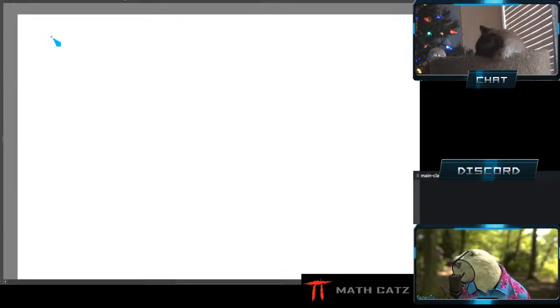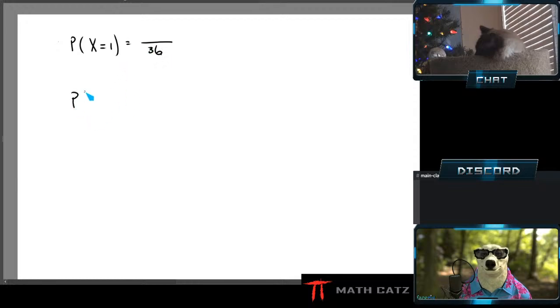So let's look at all the probabilities. So now we want the probability that X equals 1. Now I'm going to look at it in the same way as we did our initial one, which we've already seen, right?